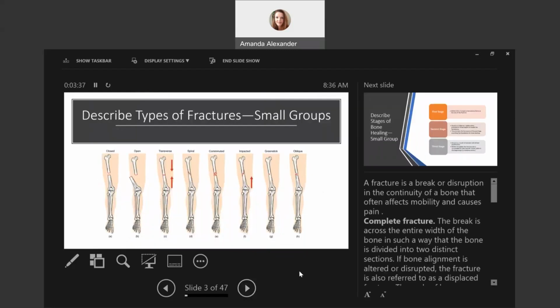Now let's discuss the different types of fractures. As you see in the photo here, there are closed fractures, open, transverse, spiral, comminuted, impacted, greenstick, and oblique.